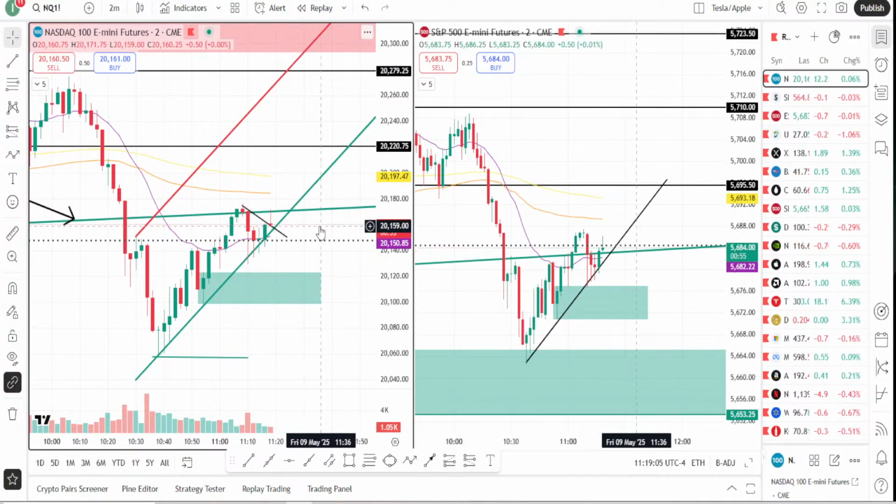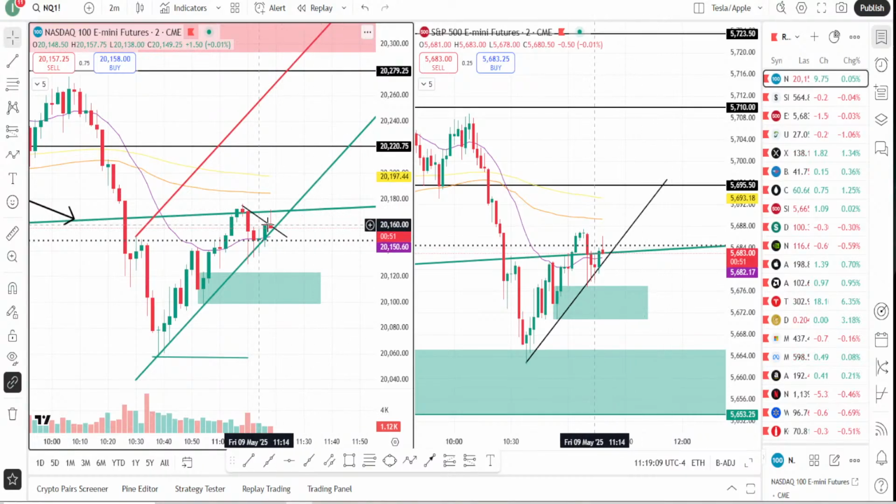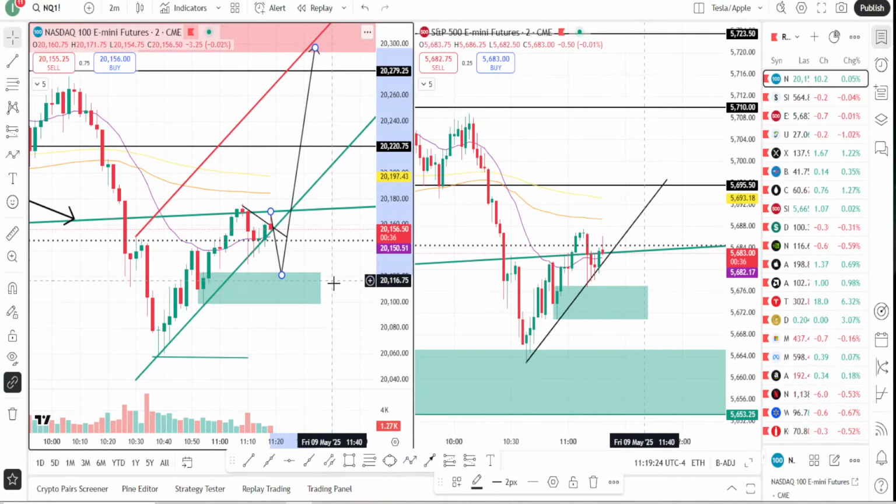That's why. See? It's looking like a fake move up. They're gonna bring it down, right? The majority of the traders probably take this long right here. And then what they'll do is they'll stop you out, hit this demand zone, and then go higher.